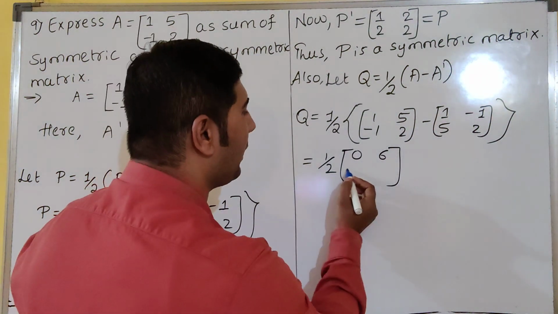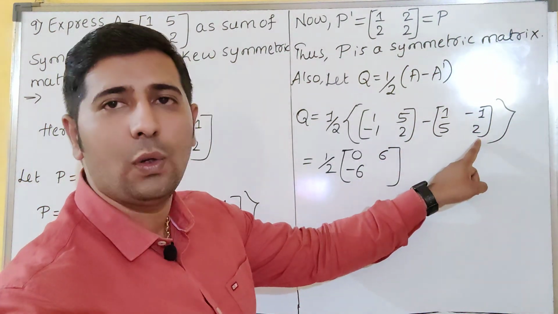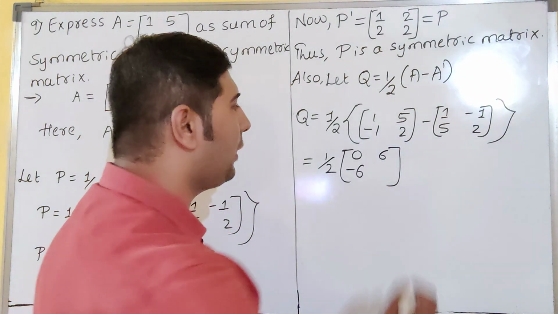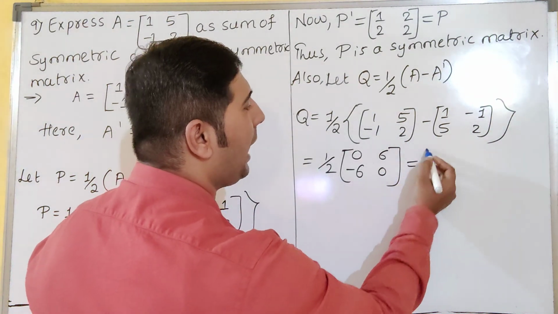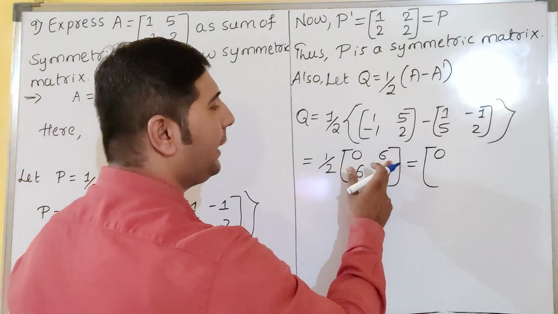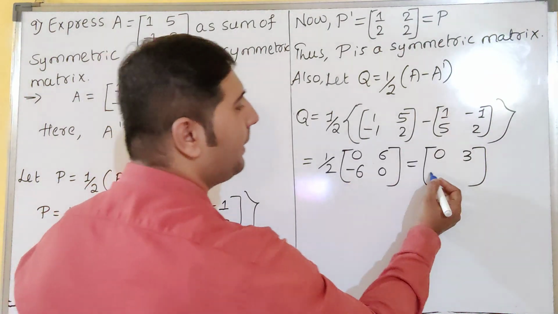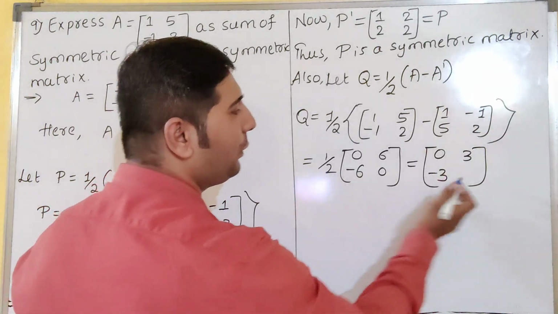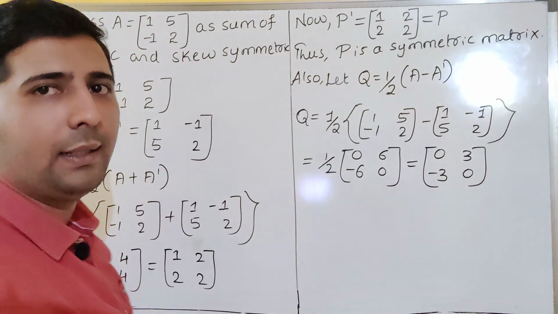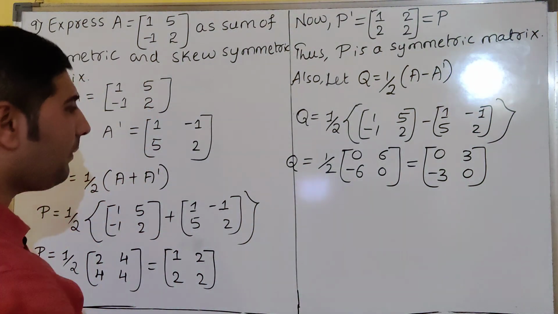Minus 1 minus 5 is minus 6. 2 minus 2 is 0. So half you multiply inside: half into 0 is 0, half into 6 is 3, half into minus 6 is minus 3, half into 0 is 0. Clear? This is your Q value. Understood?